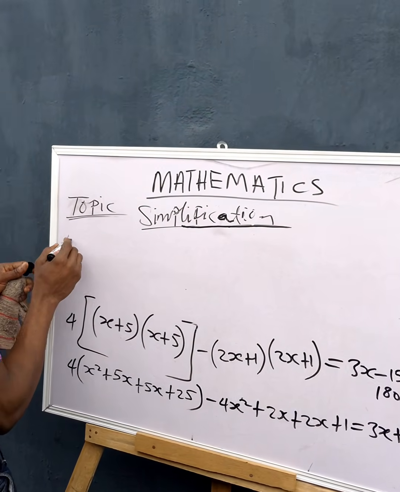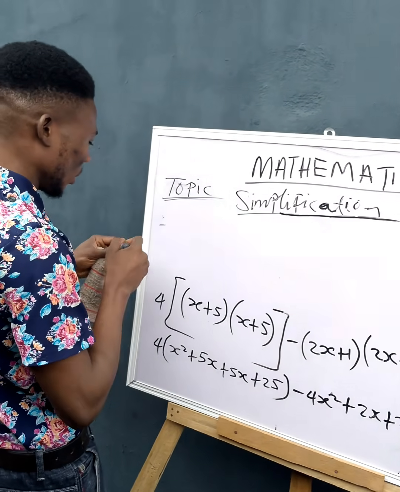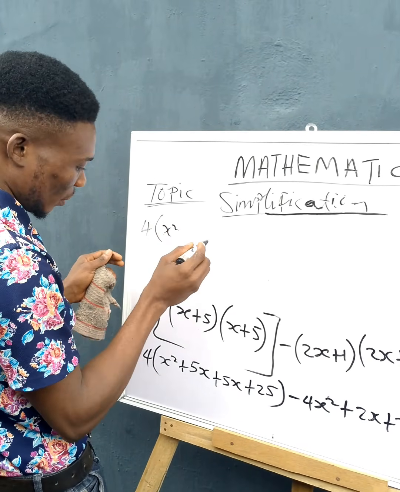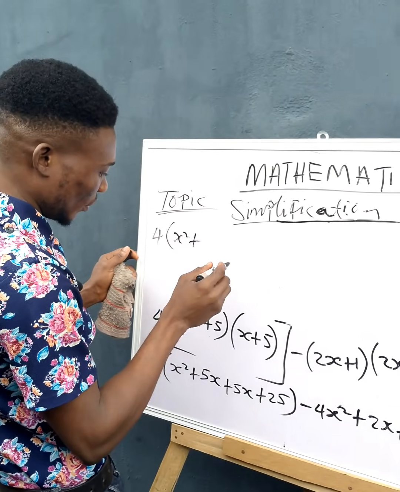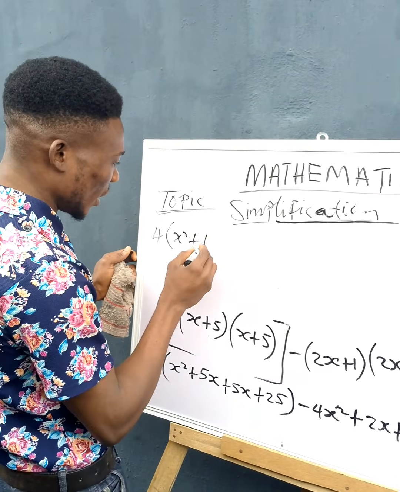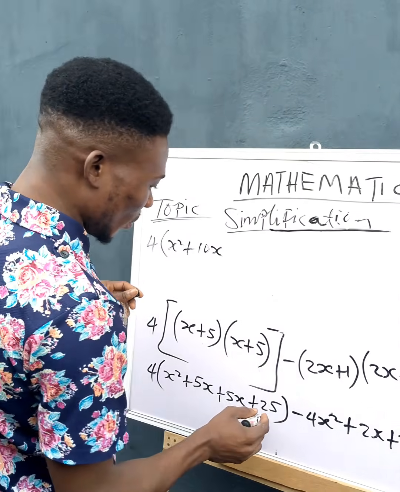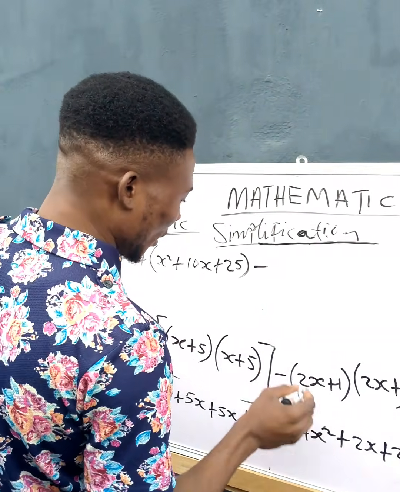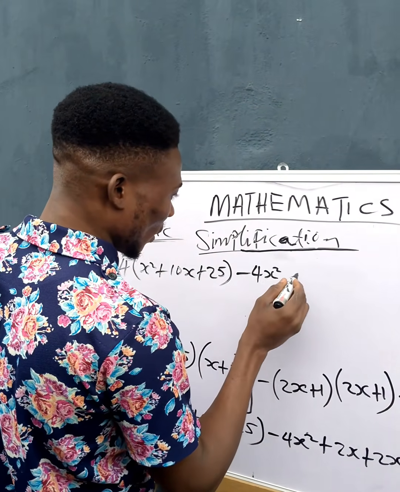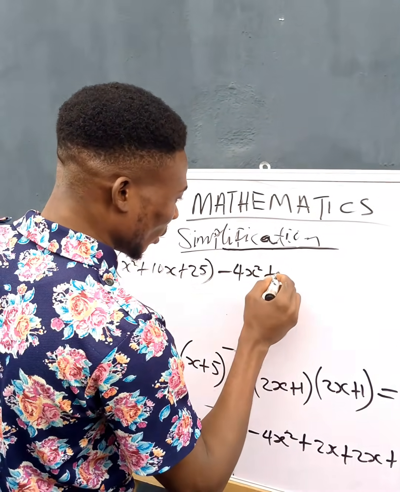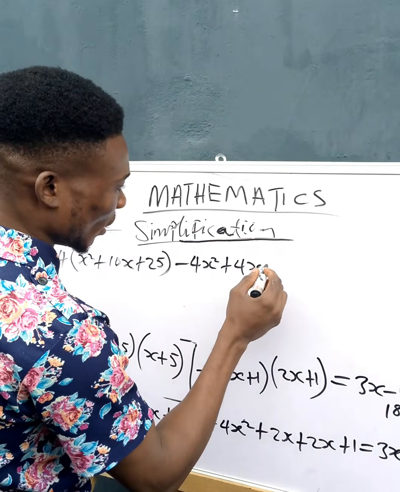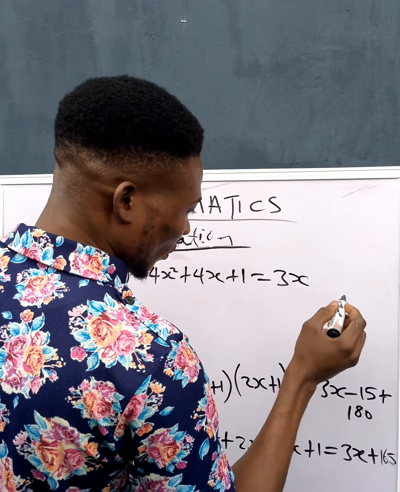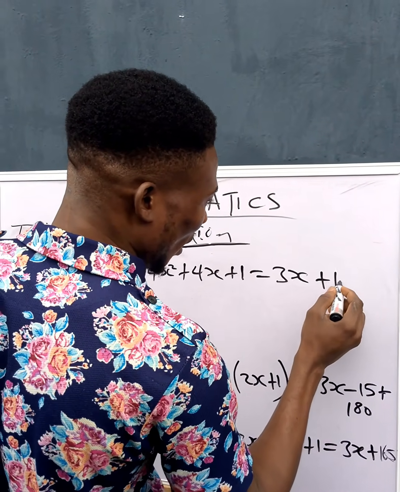Then we have 4 bracket x squared plus x squared plus 5x plus 5x is 10x, then plus 25 over the bracket minus 4x squared, then 2x plus 2x is 4x plus 4x, then plus 1 plus 1, then reaching here we have equals to 3x plus 165.